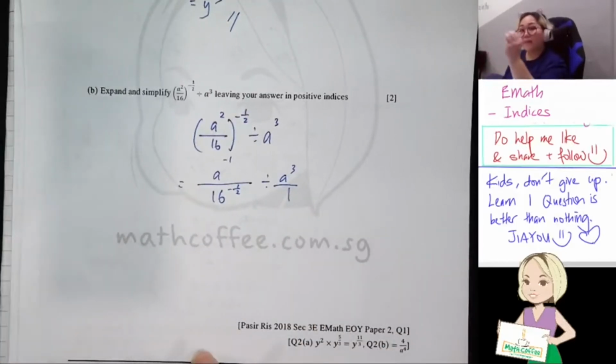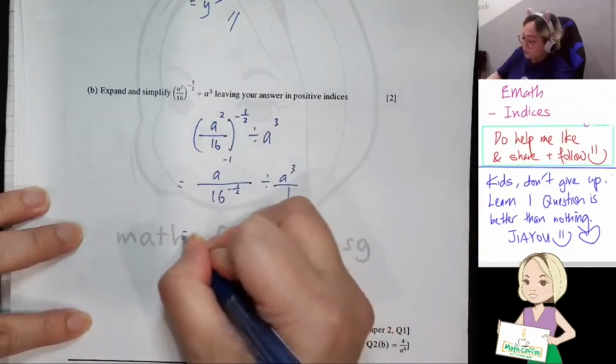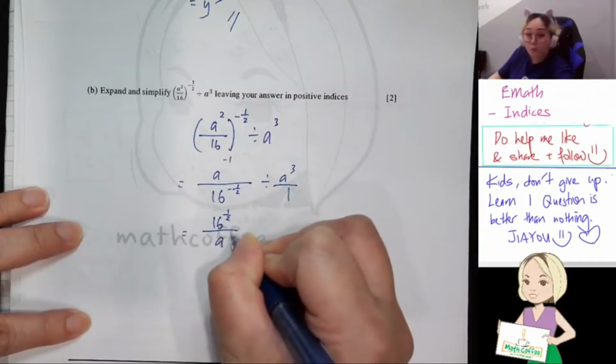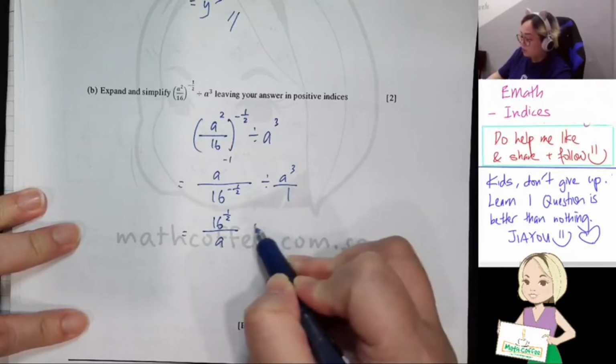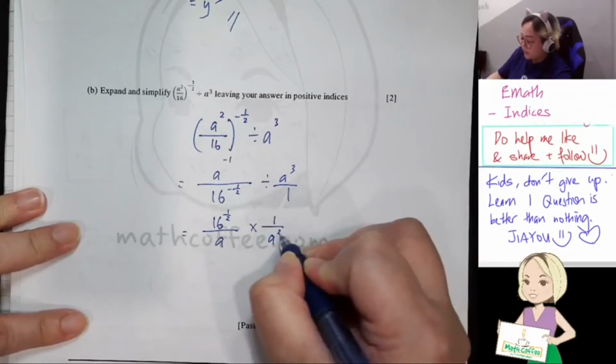The A to the minus 1 is negative at the numerator, so I'm going to bring it down. Then the denominator 16 to the power of negative half is a negative index again, so I'm going to bring it up. In other words, these two will swap. So it becomes 16 to the power of half over A to the power of 1, which I don't have to write the 1. At the same time, I'm going to change this to multiply. You can flip this, so it becomes 1 over A cubed.